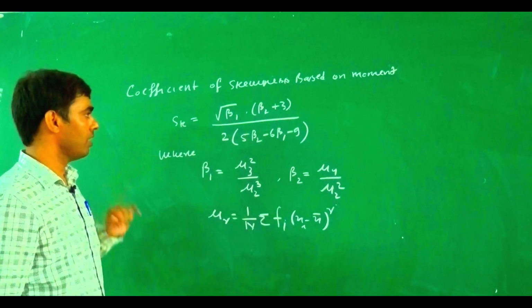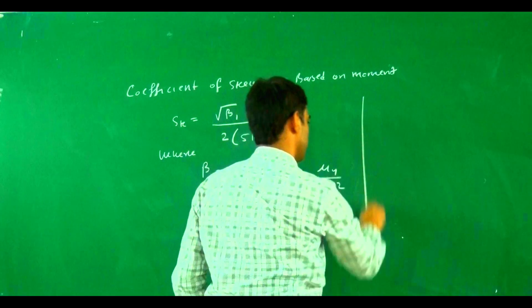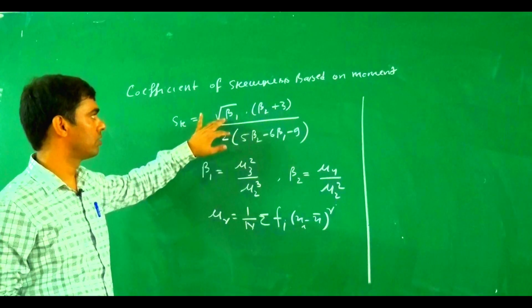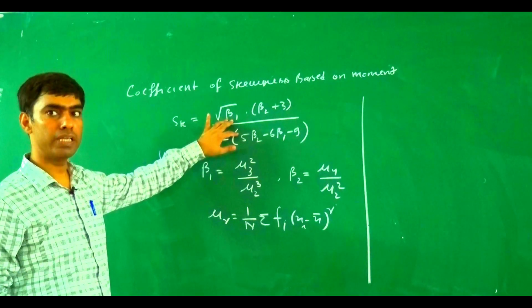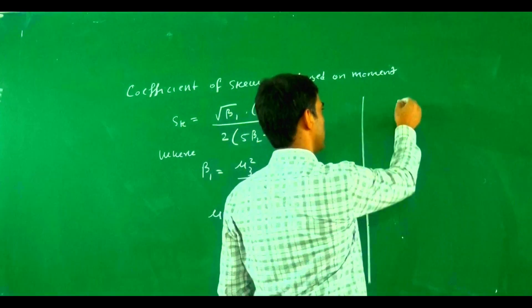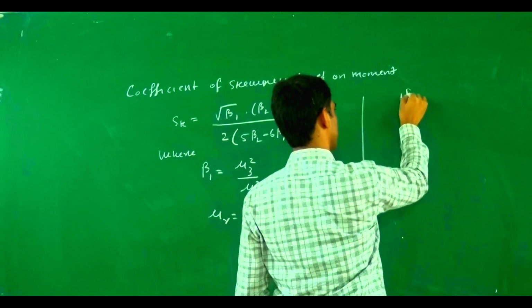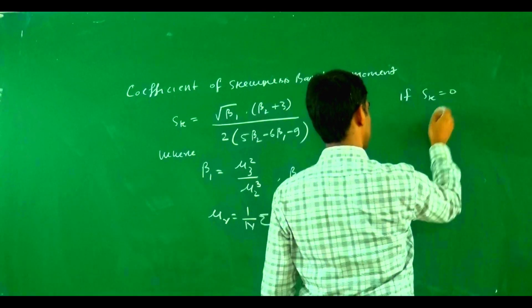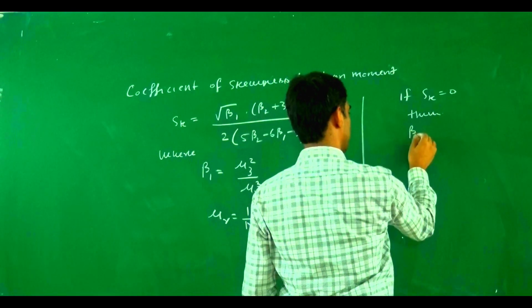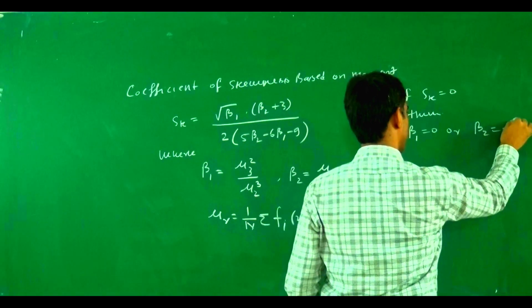So now when the value of SK equals 0, there are two possibilities. Either beta 1 equals 0 or beta 2 equals minus 3.